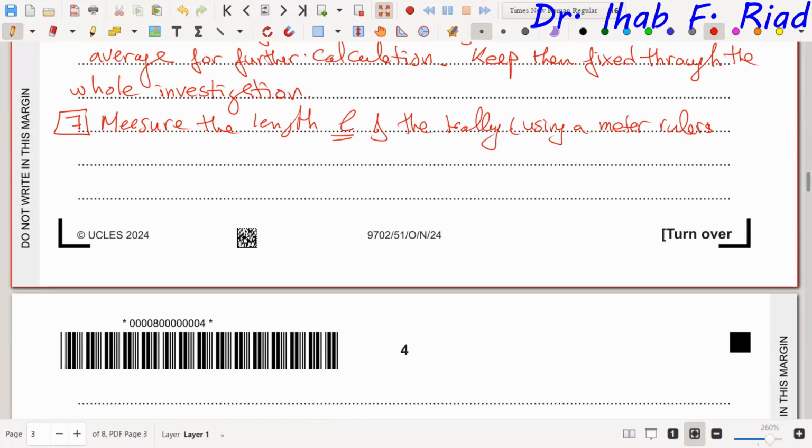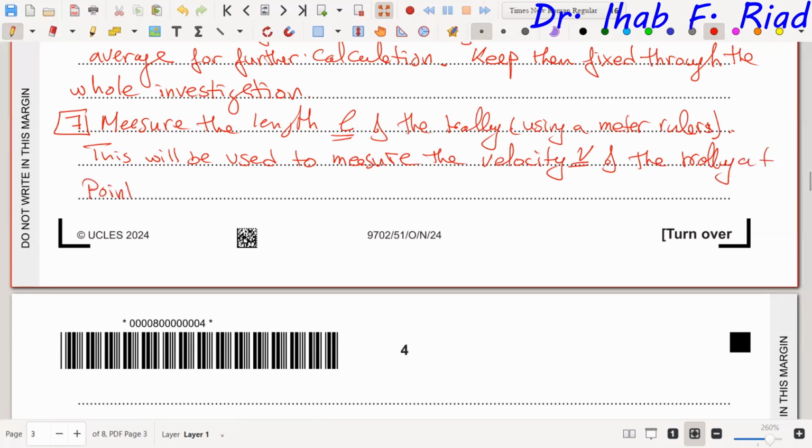But we need to tell him what we're going to use it for. This will be used to measure the velocity V of the trolley at point B with the help of the light gate.